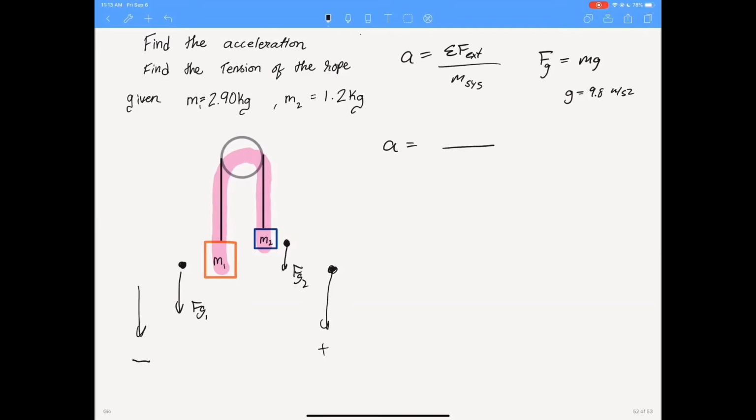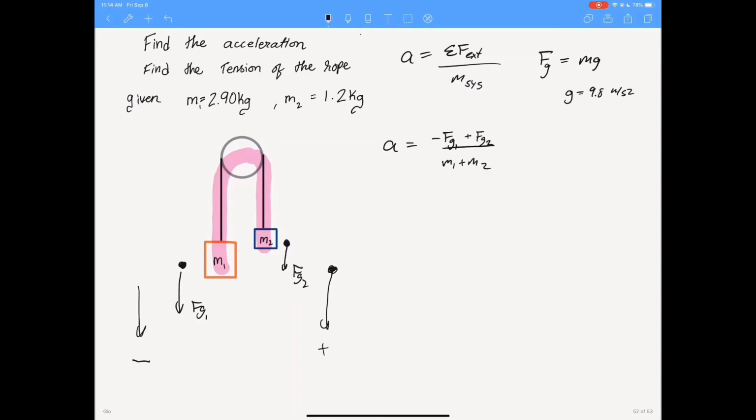We've already identified the external forces, Fg1 and Fg2. Notice that Fg1 is directed in what we labeled as the negative direction. So we'll say negative Fg1, and then we sum the other force, plus Fg2, over the mass of the system, which we said was both boxes, so m1 plus m2.